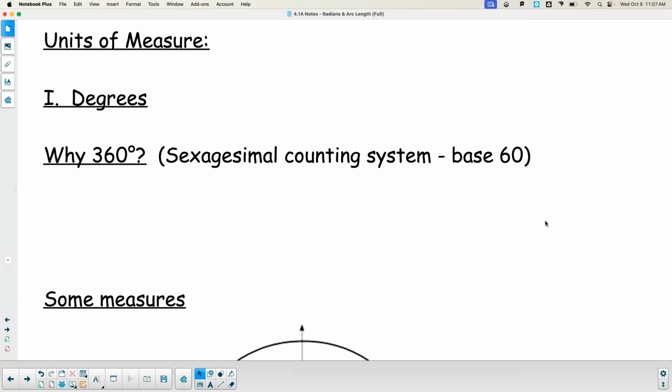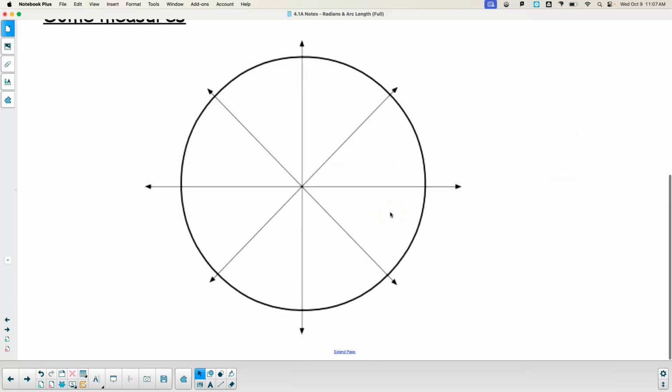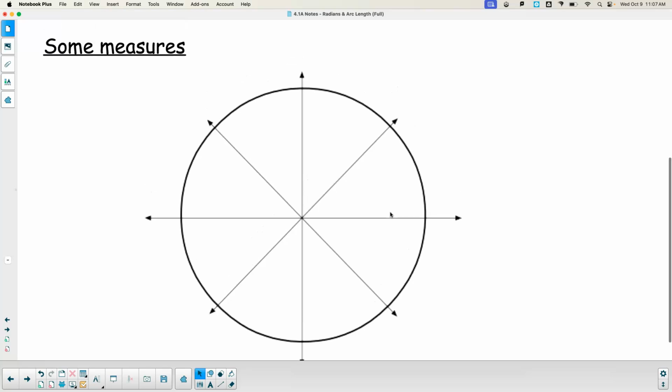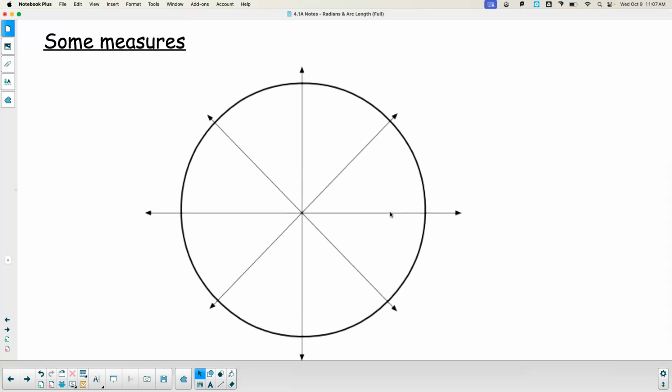You know, 15, 16, 18, 20, all of those go into it nice and evenly or with a nice even fraction to go along with it. Okay? So if I'm looking at 360 degrees around a circle, some particular measures that we could come up with.